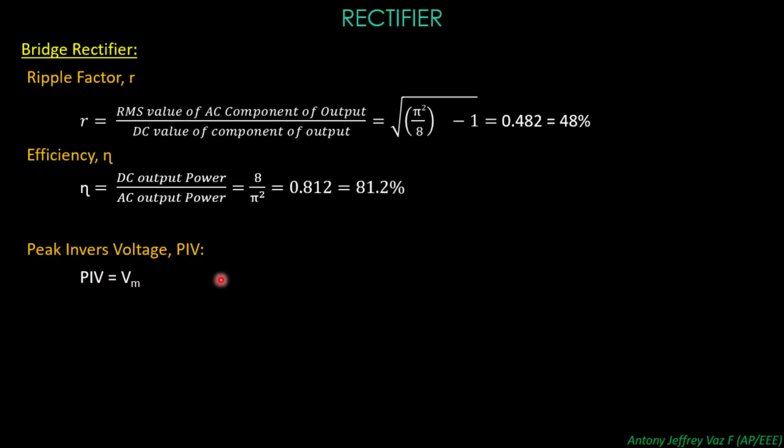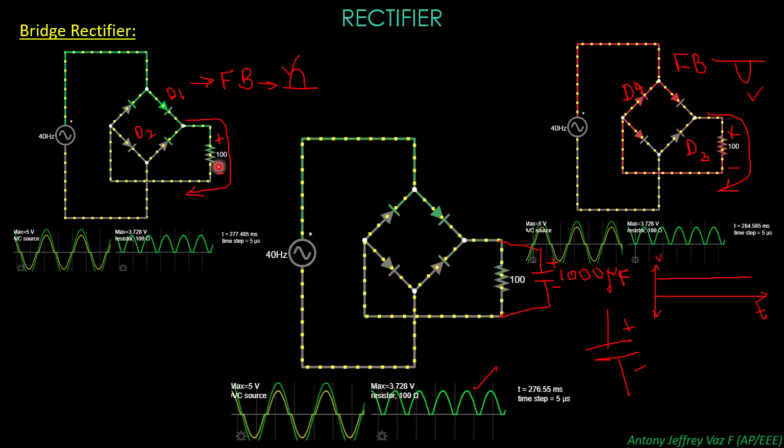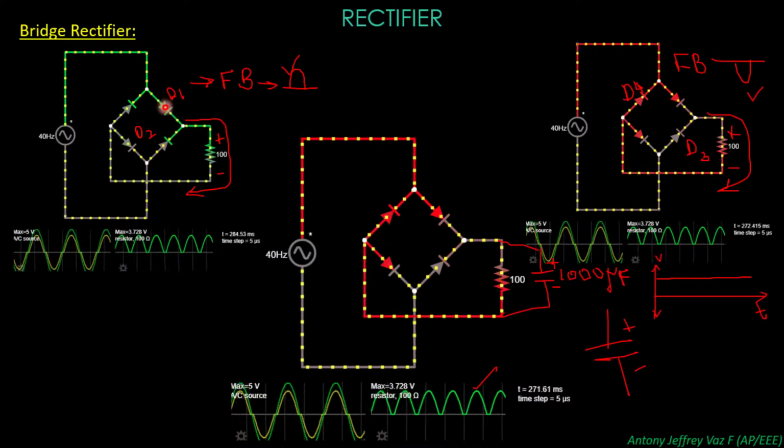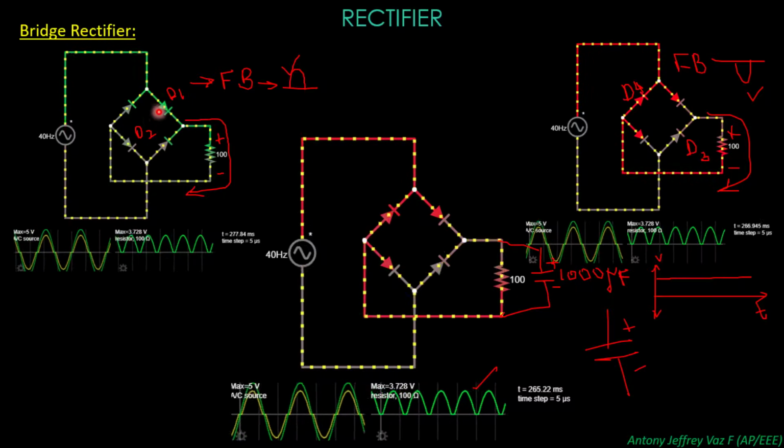Because you are having 4 diodes, you may say that it will be 4 Vm. It will not be like that, because the diodes are in parallel in nature. How are they parallel? When the positive cycle enters, these two diodes are conducting.